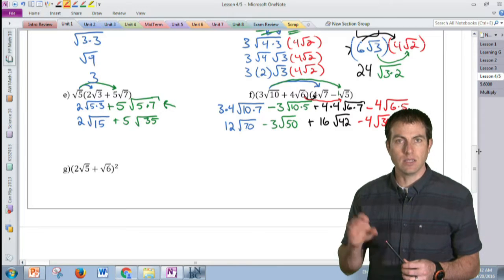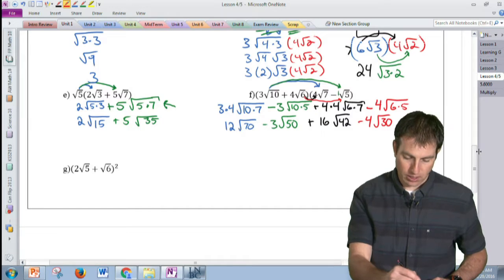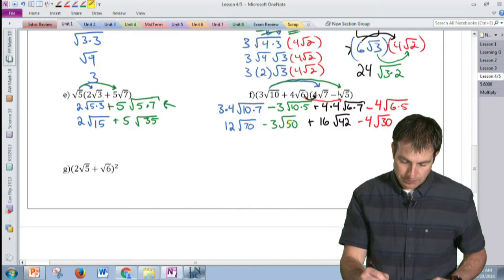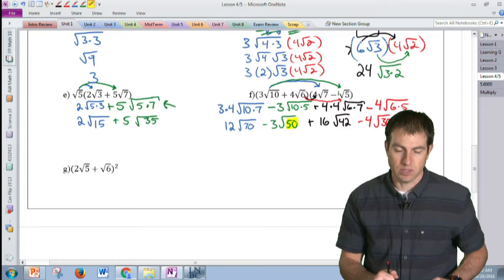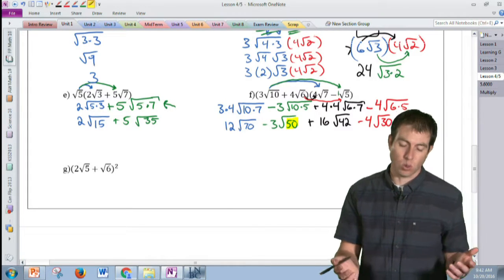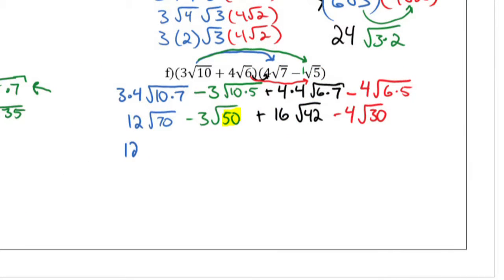And a little light bulb should go off in your head after you see these sorts of questions again and again and again. 25 is a perfect square that actually divides into 50. So 25 goes into 50 twice. So I need to rewrite all of this. I'm going to break this 50 into a 25 and a 2.